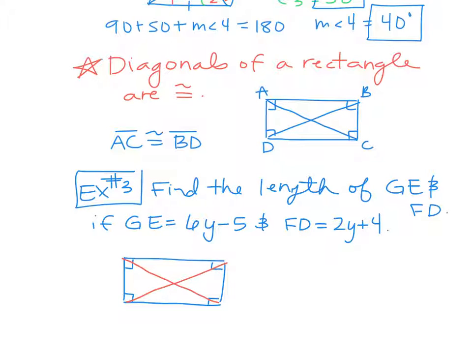So let's say we have this F, E, D, G, and we'll call this H. Do you remember back to 6.2, I want to say, maybe 6.1, what the diagonals of a parallelogram do to each other?